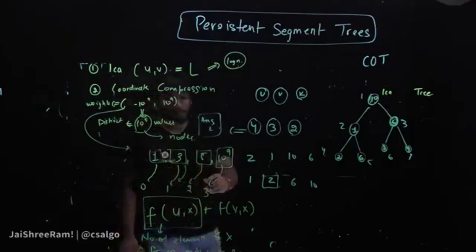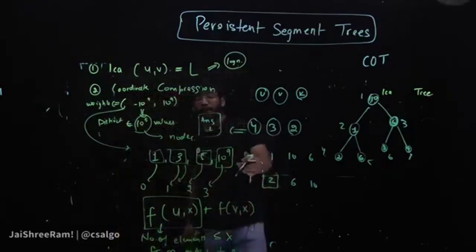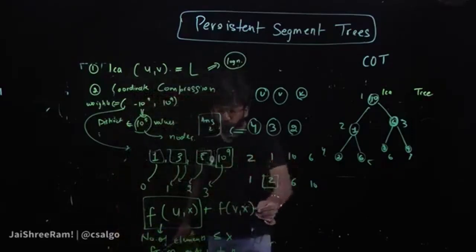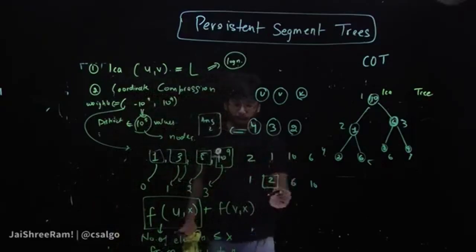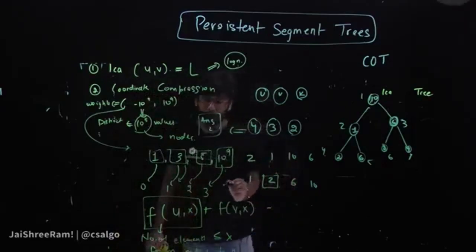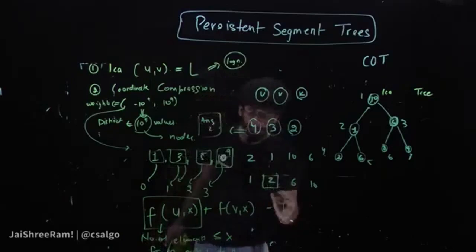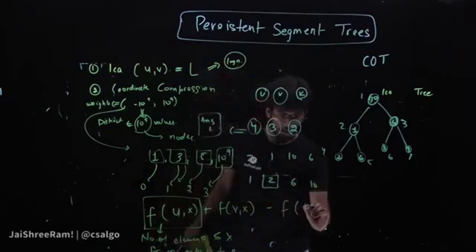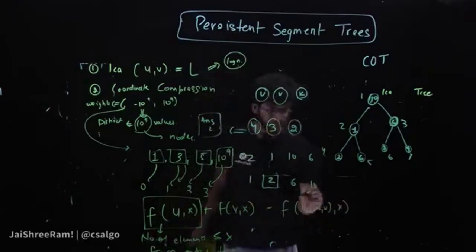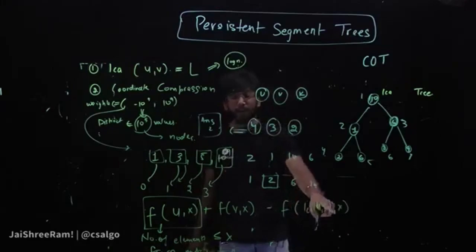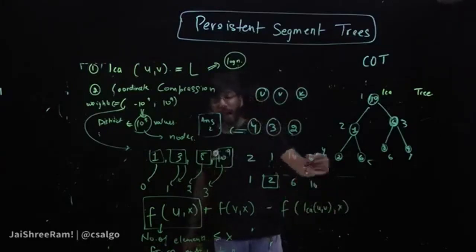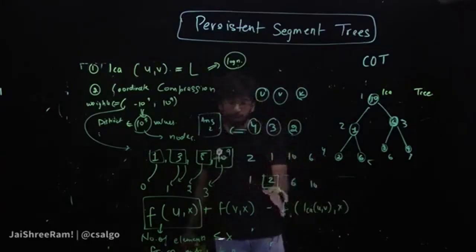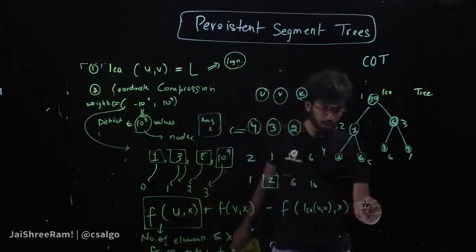So the same function f for v would be the number of elements less than equal to x from node v to the root of the tree, minus f of LCA of u comma v, x. This is actually the number of elements less than equal to x from the LCA of the two nodes to the root of the tree, minus.